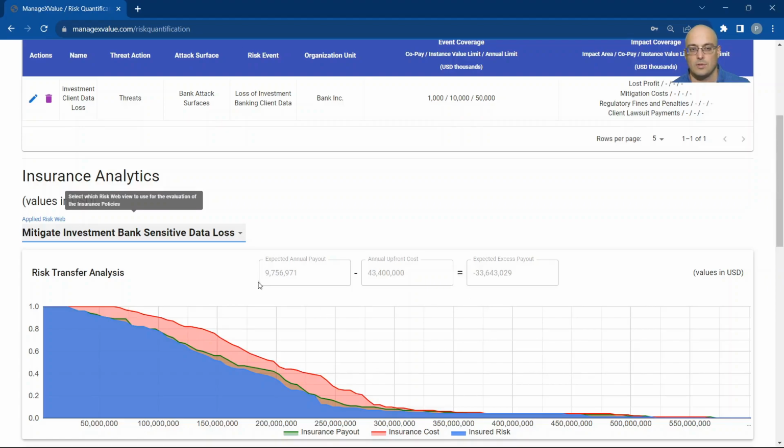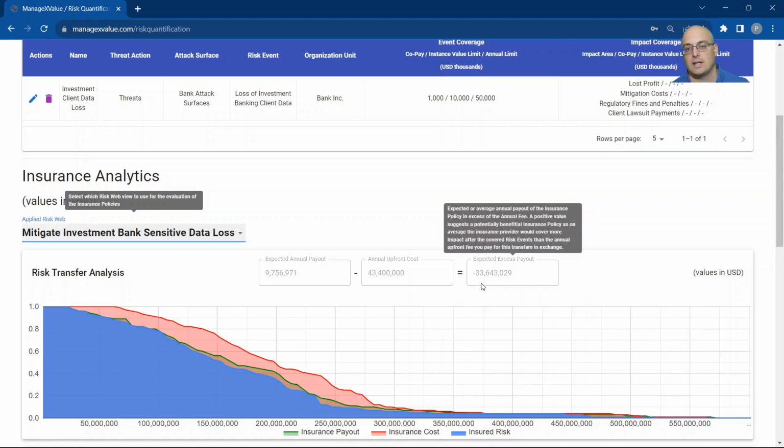In other terms, once the company executes this investment, then the insurance policy becomes overpriced. There is an opportunity in this case to decrease the annual premium by $33.6 million in order to get back to the fair value or the fair price for the insurance policy. So this is what I mean.